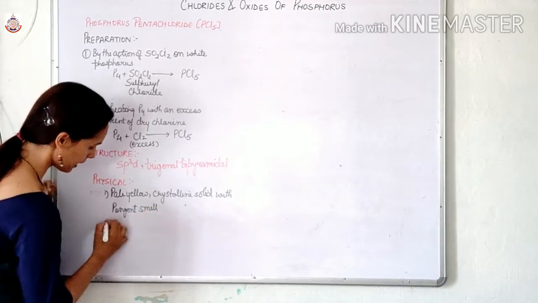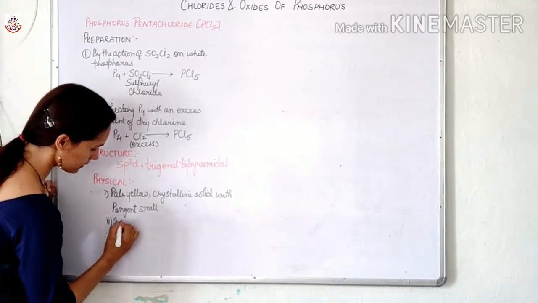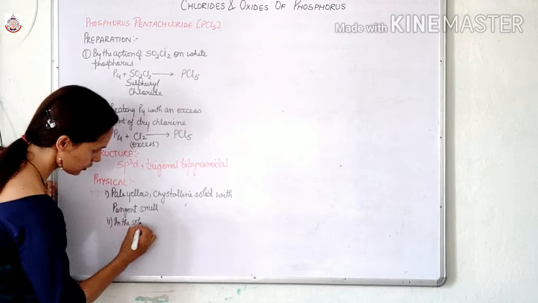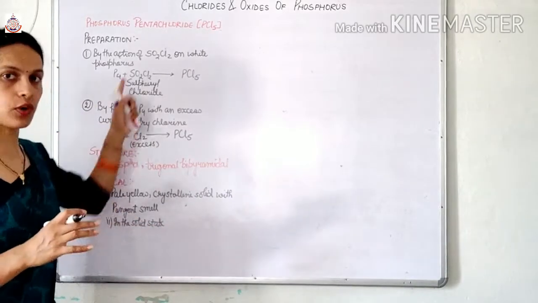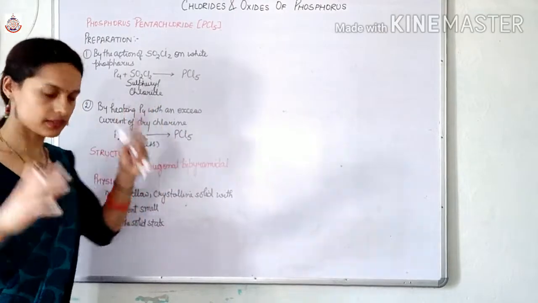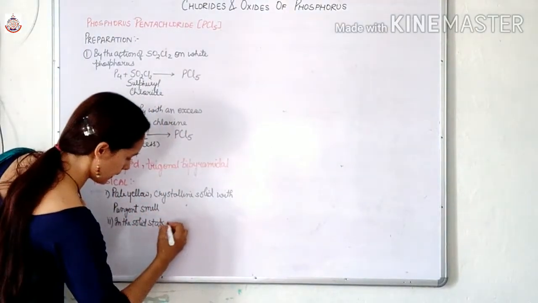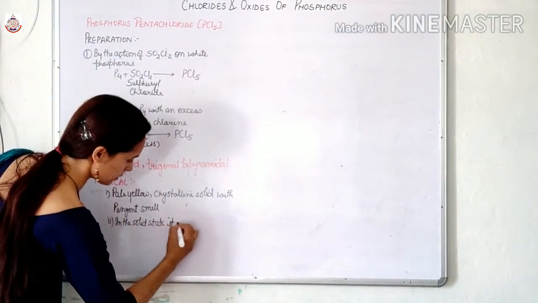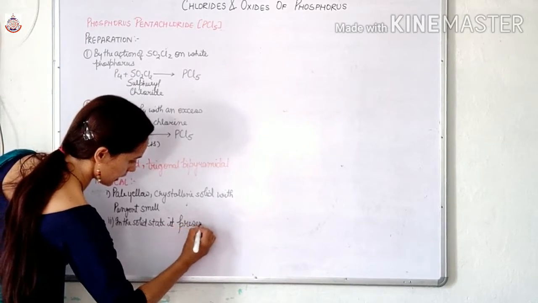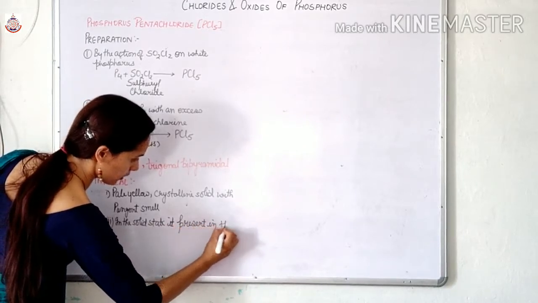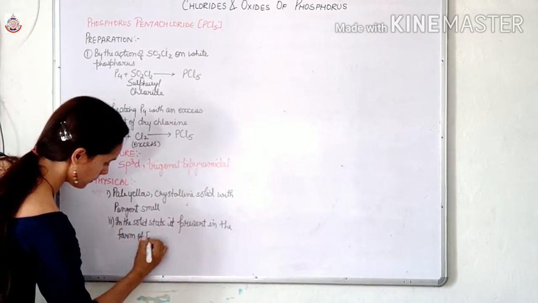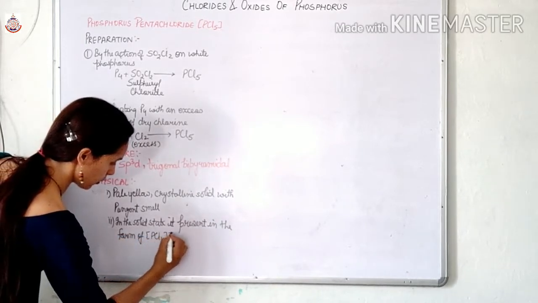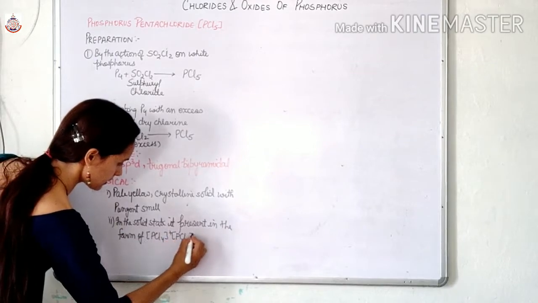And the second property is in the solid state. In the solid state, it doesn't present in the form of PCl5. It is present in the form of PCl4 positive, PCl6 negative.